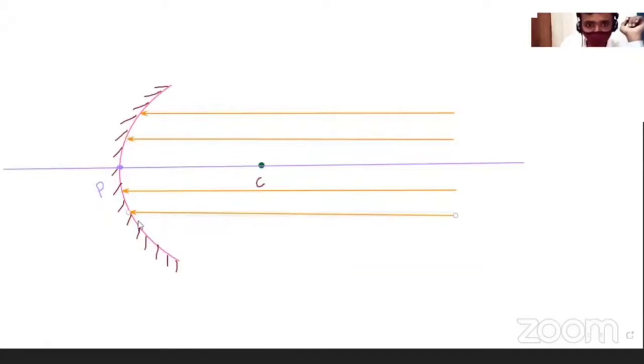Clear? Are they looking like parallel or not? Okay. So what happens, that we have to notice here. For this purpose, we are using the concave mirror and it is exposed to the sunlight.